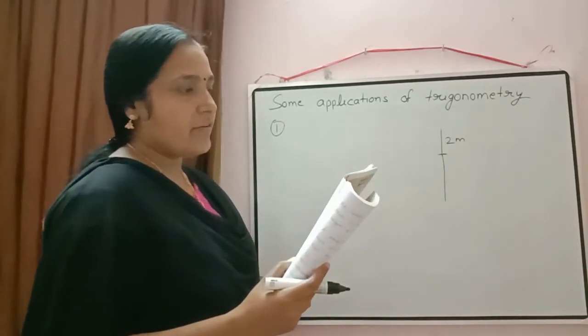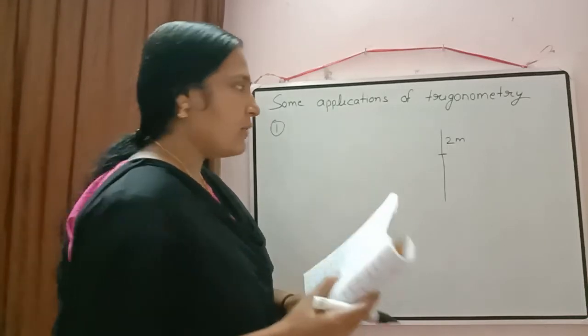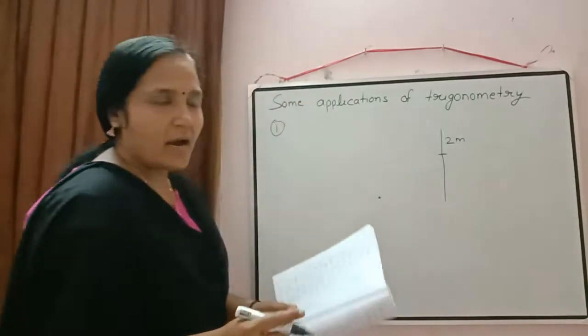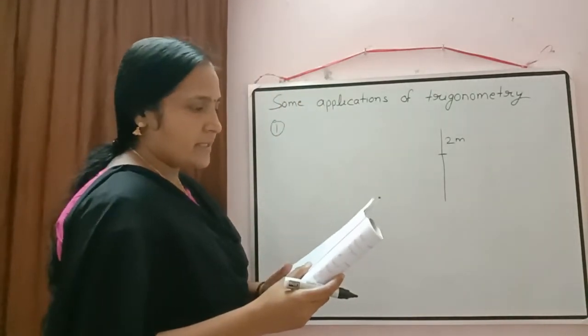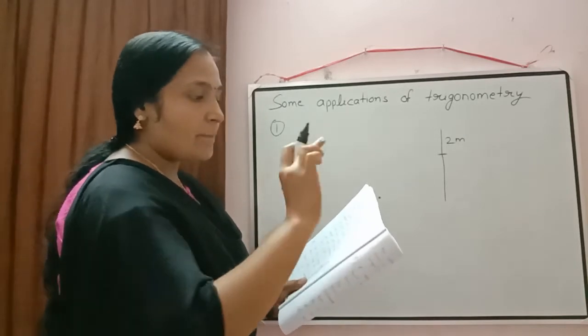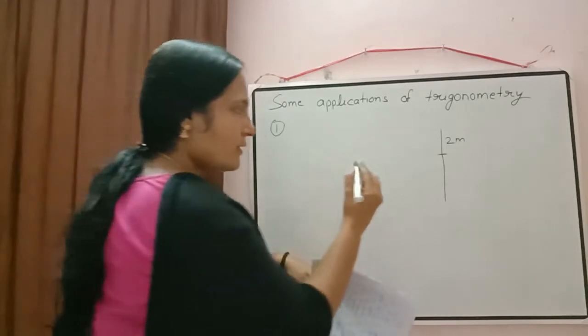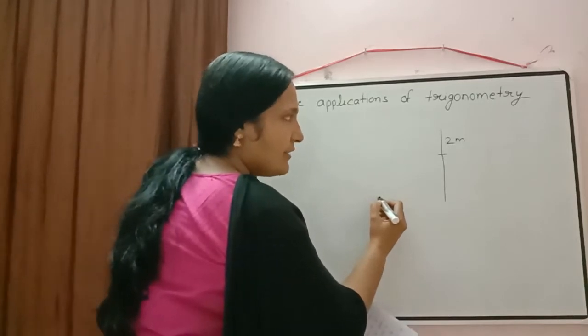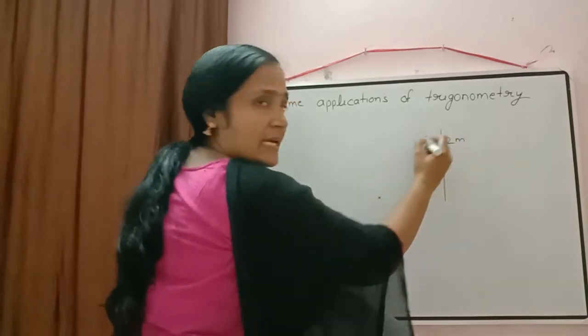Now, from a point on the ground, we have to take a point somewhere on the ground, the angle of elevation of the top of the statue.